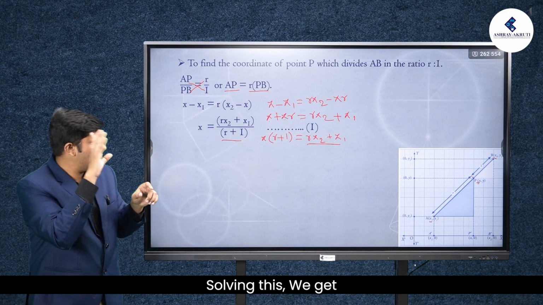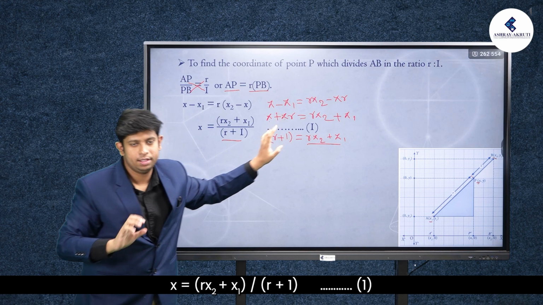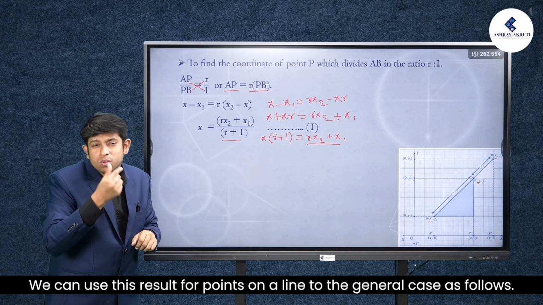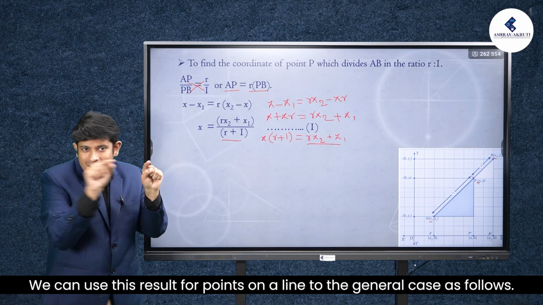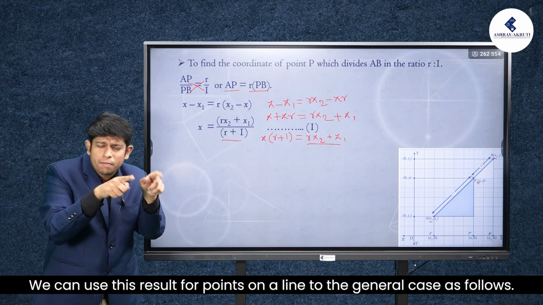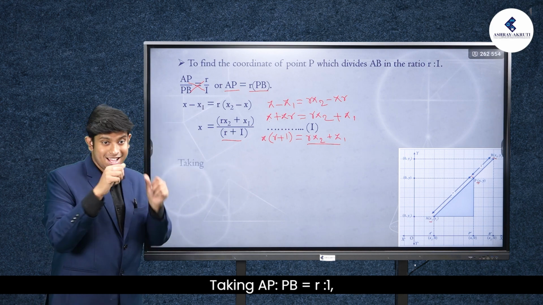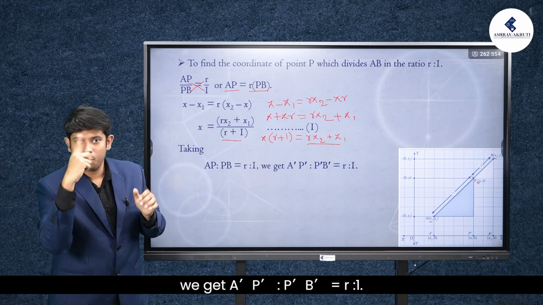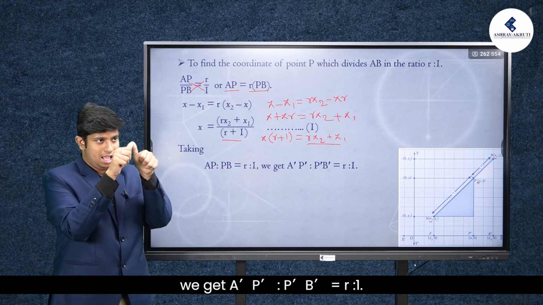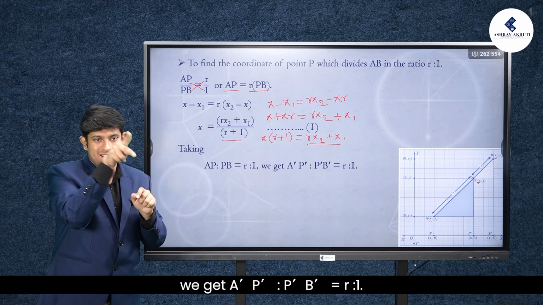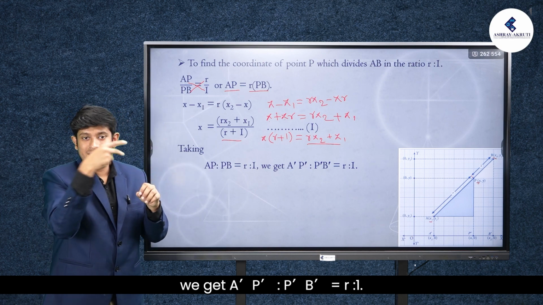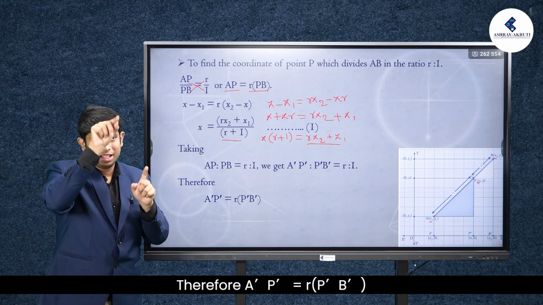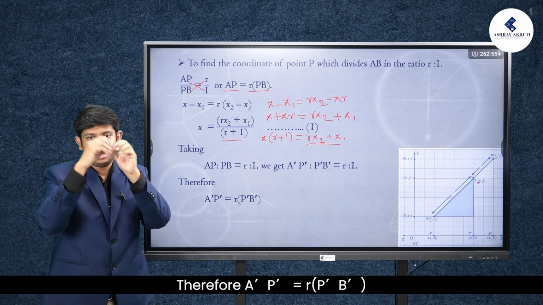Solving this, we get x equal to r x2 plus x1 by r plus 1. Consider it as equation 1. We can use this result for points on a line to the general case as follows. Taking AP is to PB is equal to r is to 1, we get A dash P dash is to P dash B dash is equal to r is to 1. Therefore, A dash P dash is equal to r into P dash B dash.